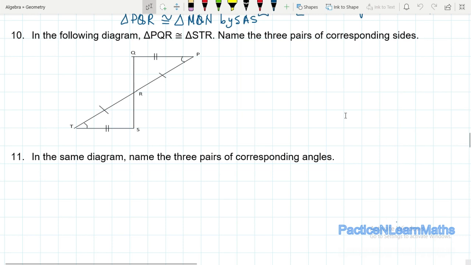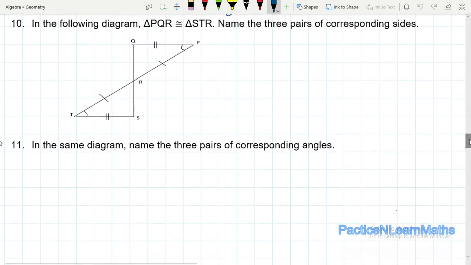Moving on to the next question, that is question number 10. A diagram is given and it is also mentioned that the two triangles PQR and STR are congruent. Name the three pairs of corresponding sides. Now if two triangles are congruent, then obviously the pairs of corresponding sides are congruent too.